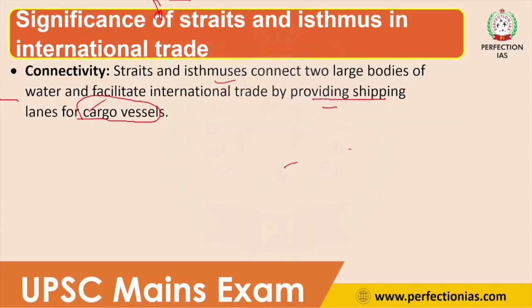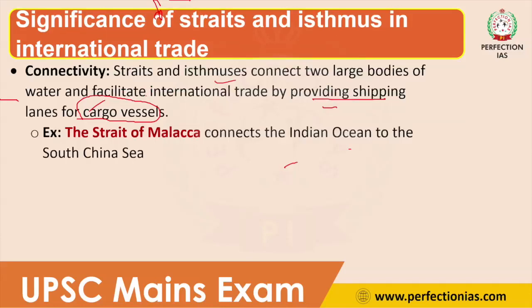It is very important for connectivity. The example for this is the Strait of Malacca, which connects the Indian Ocean to the South China Sea. This Malacca Strait lies between Singapore and Malaysia. It acts as an important trade route between China and Gulf countries.